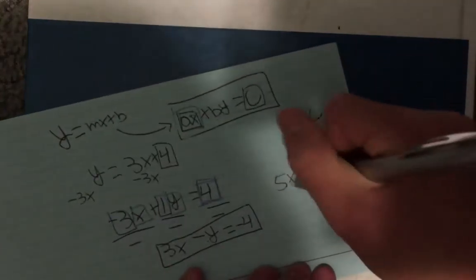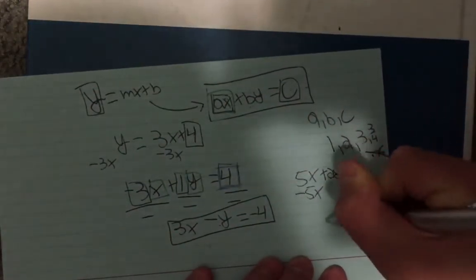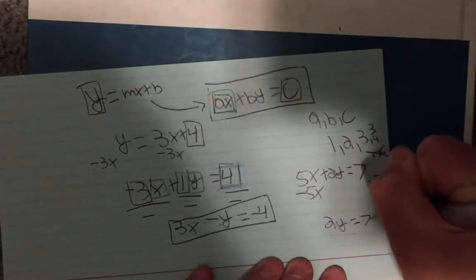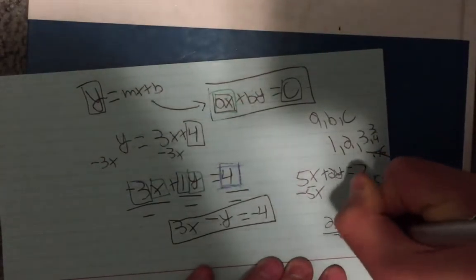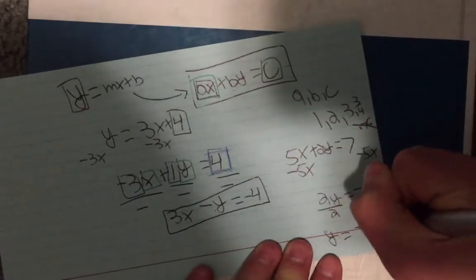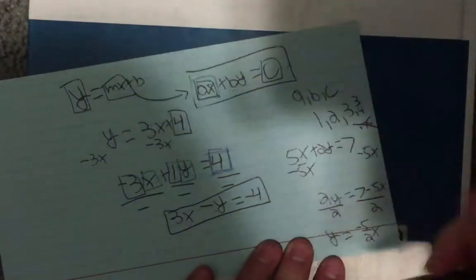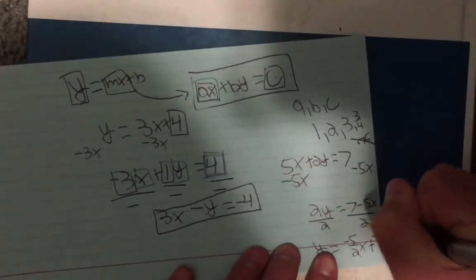So what you're going to do, minus 5x, because you want to get your y alone, since that's the slope-intercept equation. Subtract 5x, 2y equals 7 minus 5x, divide by 2, y equals negative 5 over 2 x, because you always have to have this part first, plus 7 over 2.